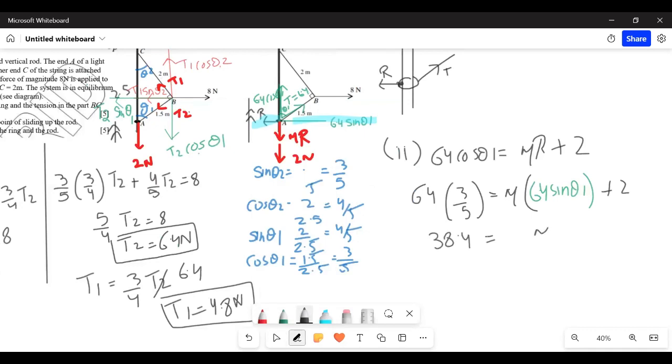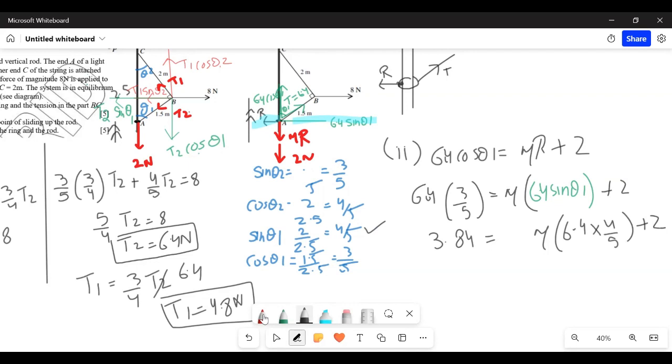So it's going to be 6.4 into 3/5, which is 3.84, is equals to mu. 6.4 into sine theta1, which is 4/5, plus 2.